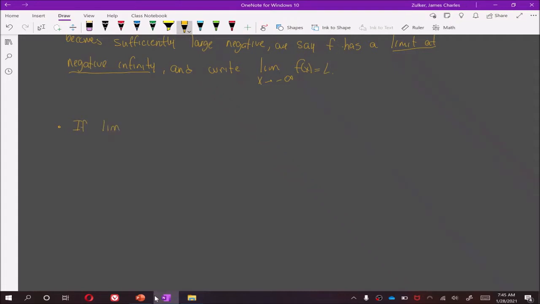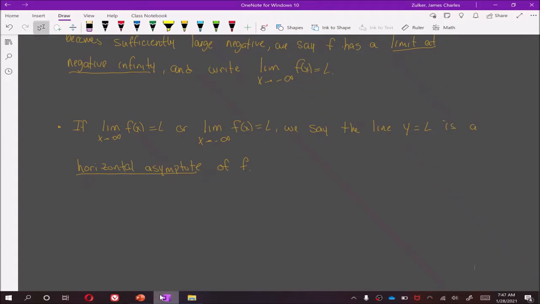If the limit as x approaches infinity of f of x equals L, or the limit as x approaches negative infinity of f of x equals L, we say the line y equals L is a horizontal asymptote of f.